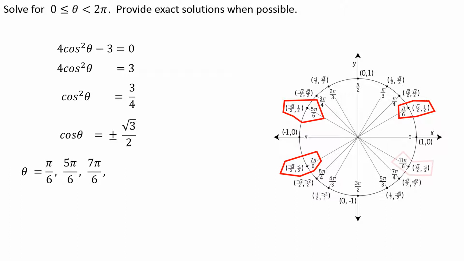And there's even a fourth occurrence, 11 pi over 6. There are two places where cosine is positive root 3 over 2: pi over 6 and 11 pi over 6. Two locations where cosine of theta was equal to negative root 3 over 2: 5 pi over 6 and 7 pi over 6. There are 4 valid solutions to that equation.